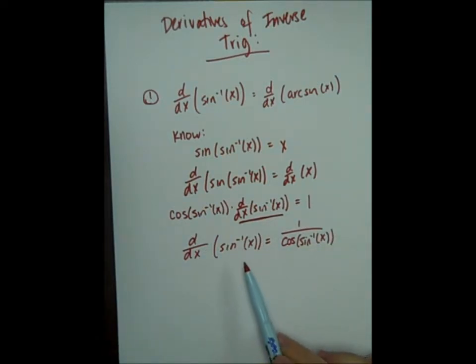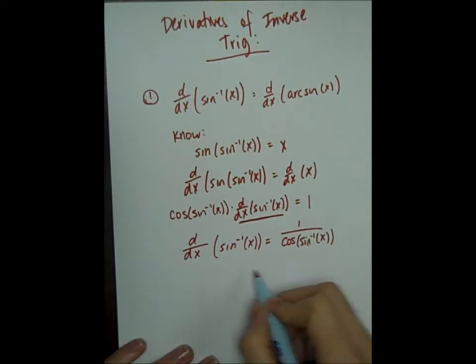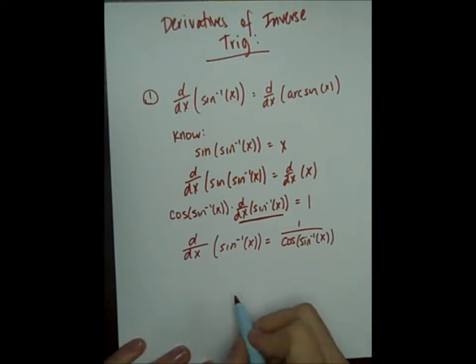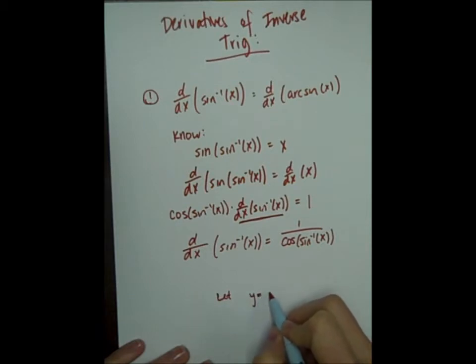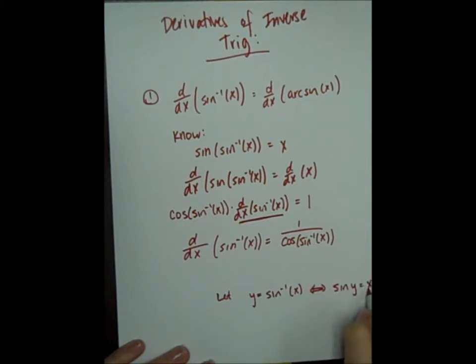This is a pretty terrible formula for the derivative of the inverse, so we're going to see if we can simplify this just a little bit. So what I'm going to do, we'll leave some space here because I'm going to write a lot of things that are equal. I'm going to let y be sine inverse of x, which is the same thing as saying that sine of y is equal to x.